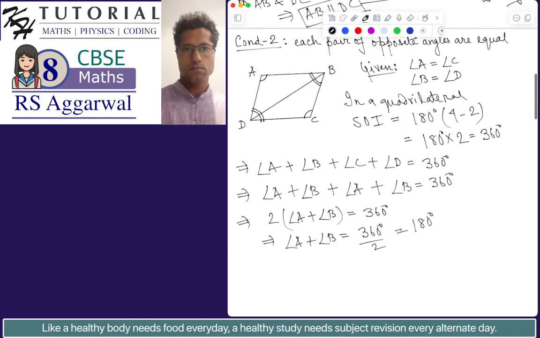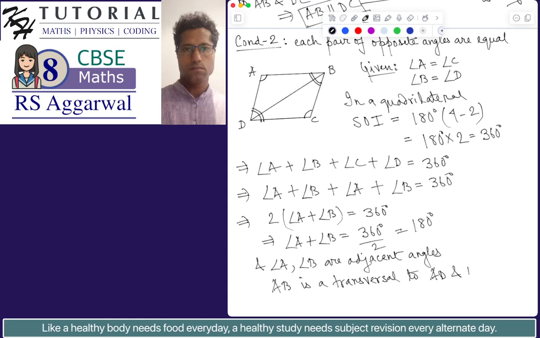So we see that angle A and angle B are adjacent angles. Also, AB is a transversal to AD and BC.